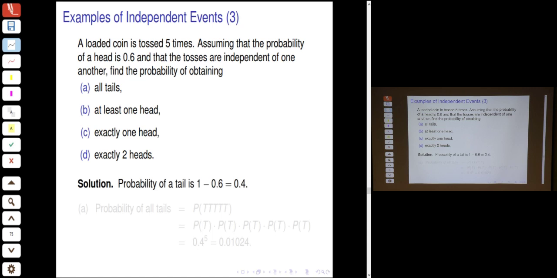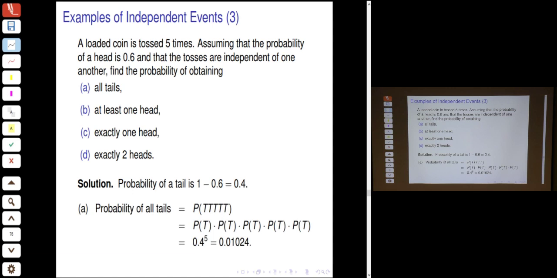So the probability of tail is 1 minus... Suppose I just toss once. The probability of getting a tail is 1 minus the probability of getting a head. So this is 0.4.